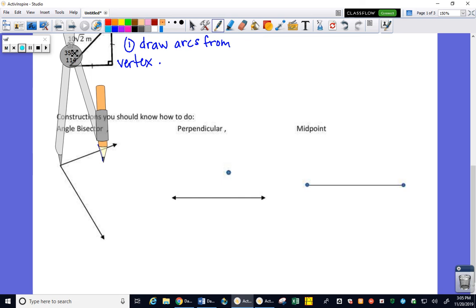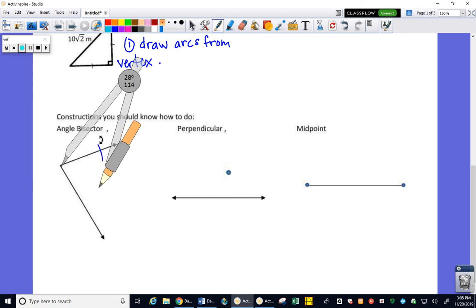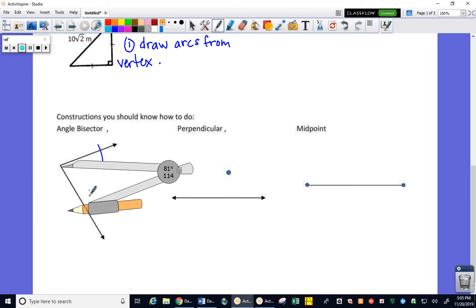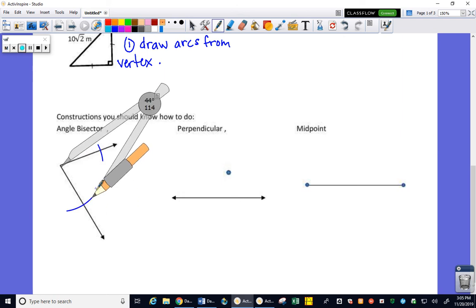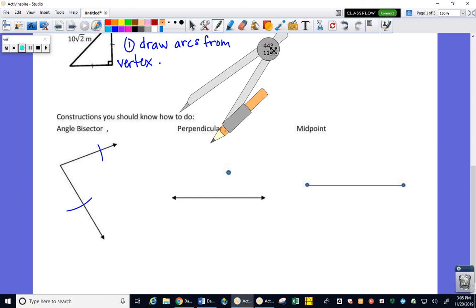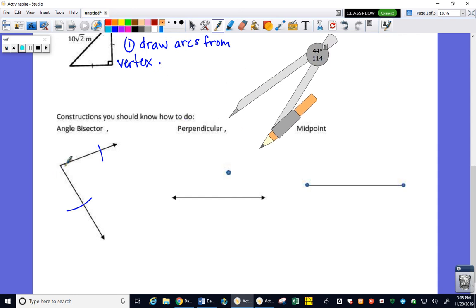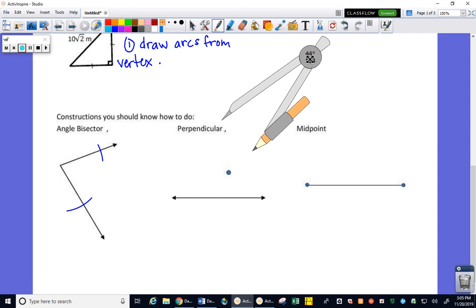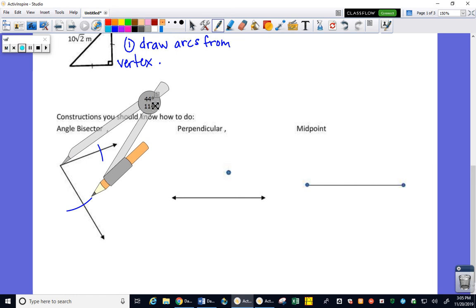You need to know how to do it. Whether you have to do it or not, you should know how to do it. So you make two arcs from the vertex. That's the first step.